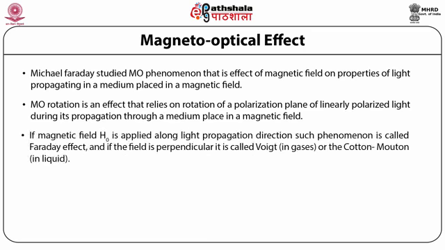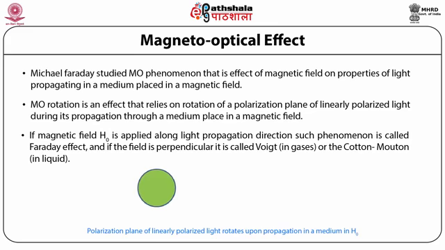If a magnetic field H0 is applied along the propagation direction of light, such a phenomenon is called the Faraday effect, and if the field is perpendicular, it is called the Voigt effect in gases or the Cotton-Mouton effect in liquids. This figure shows the polarization plane of linearly polarized light which rotates upon propagation in a medium in H0.